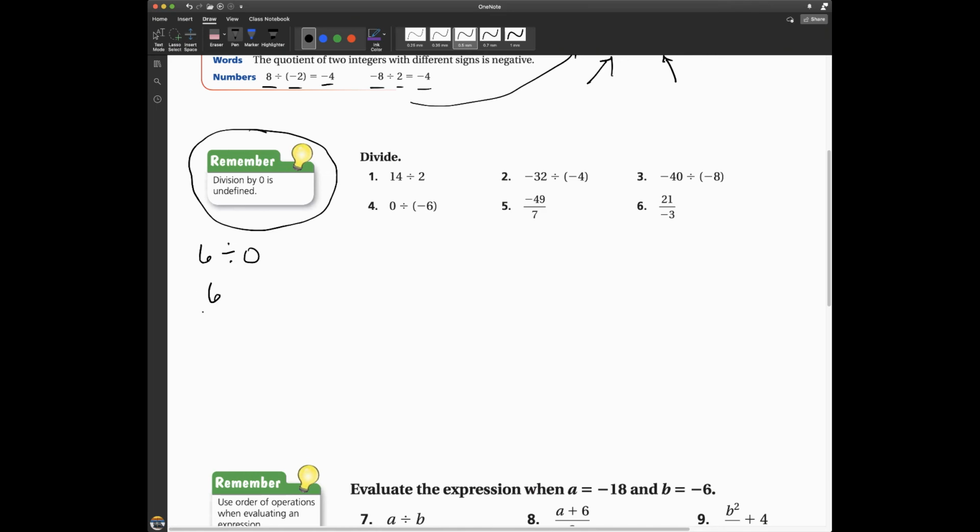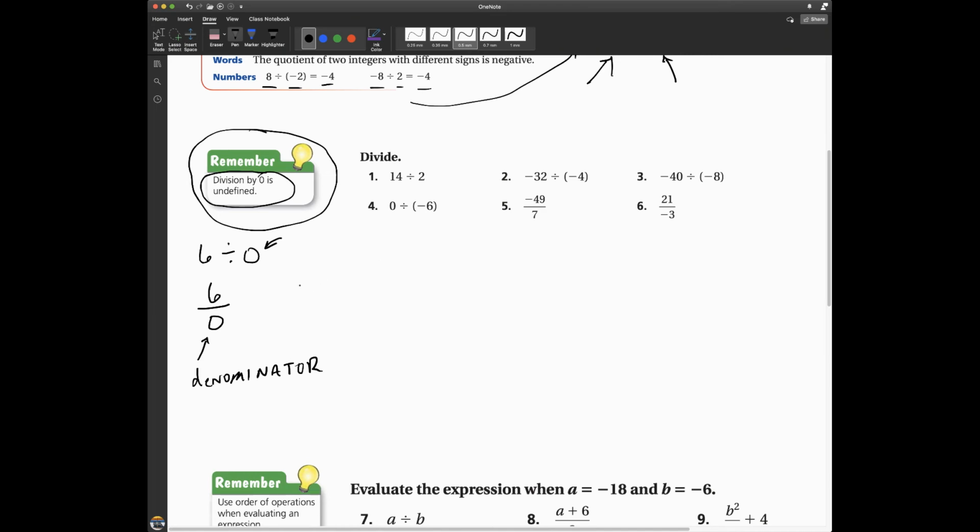Or I could write it like this: 6 over 0. Notice the 0 is in the denominator, or it's to the right. That is division by 0, and it is undefined. So if you see a problem like this, all you have to do is write undefined. And then you move on and get on with life.